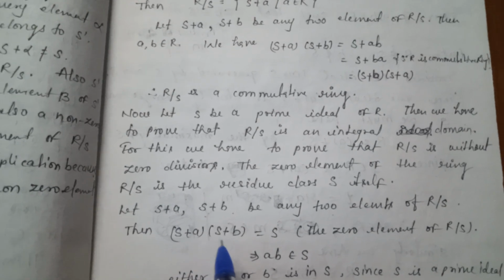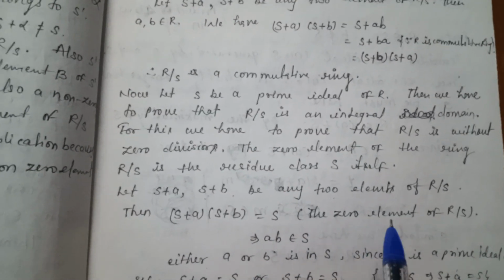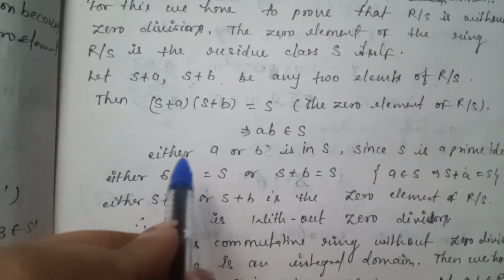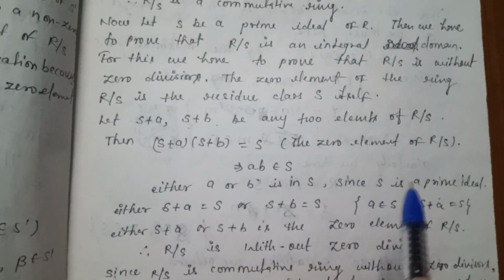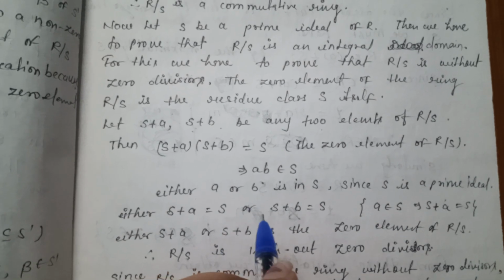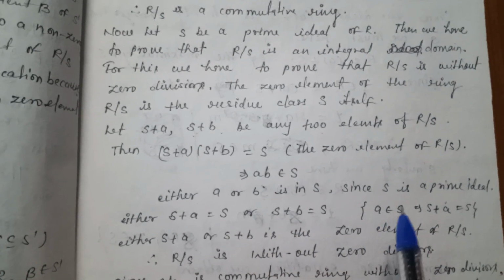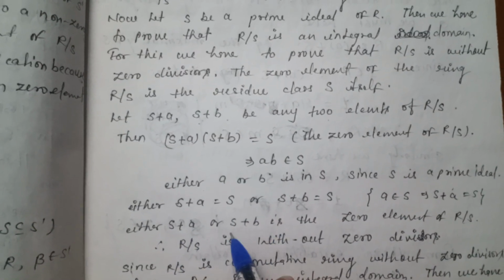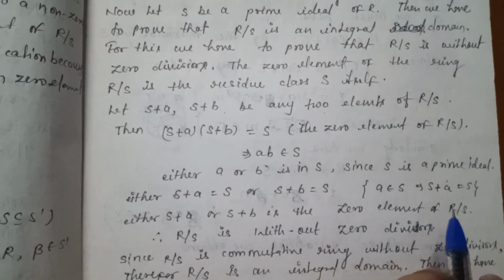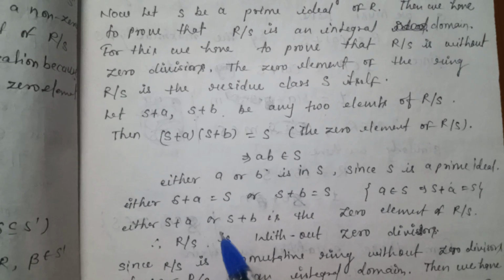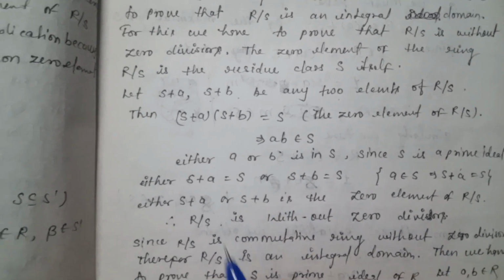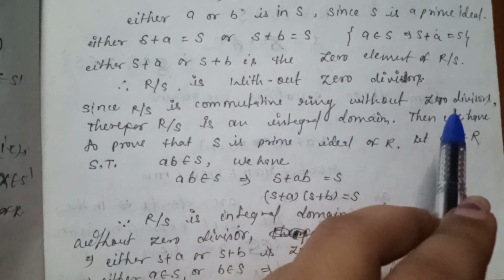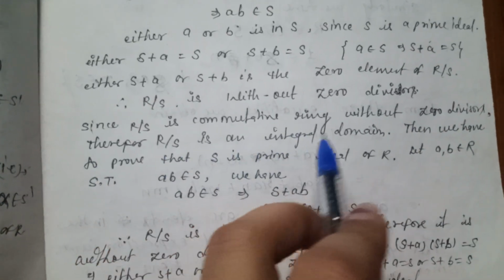Then (S + a)(S + b) is equal to S, the zero element of R/S, which implies that ab belongs to S. Since S is a prime ideal, either a or b is in S. A belongs to S implies S + a is equal to S, or S + b is equal to S. So either S + a or S + b is the zero element of R/S. Therefore, R/S is without zero divisors. Since R/S is a commutative ring without zero divisors, therefore R/S is an integral domain.